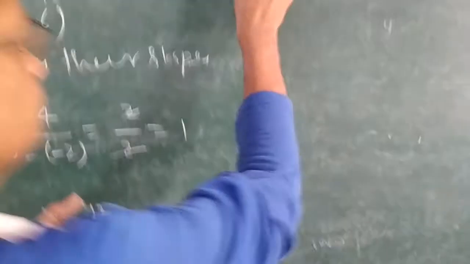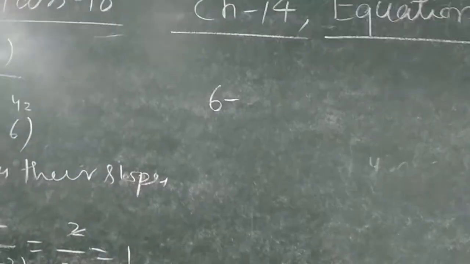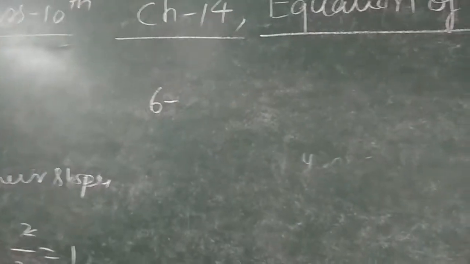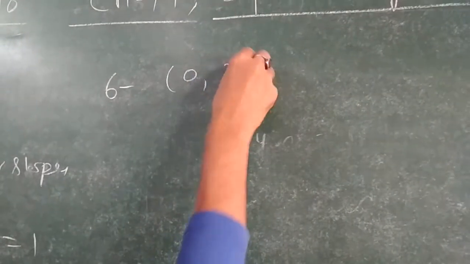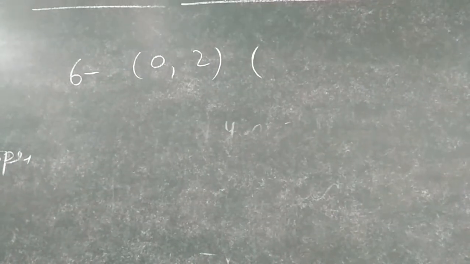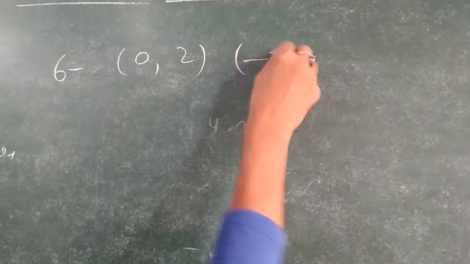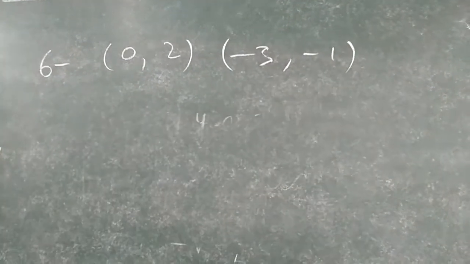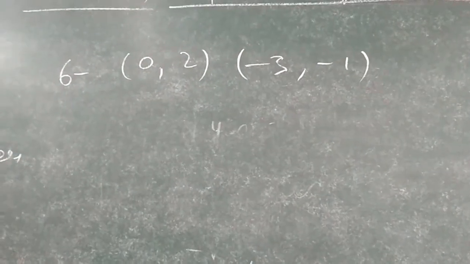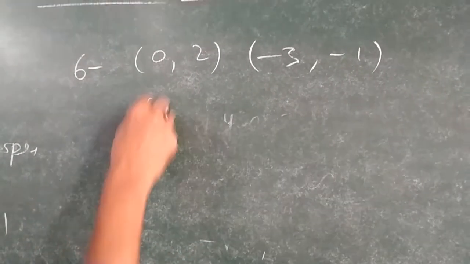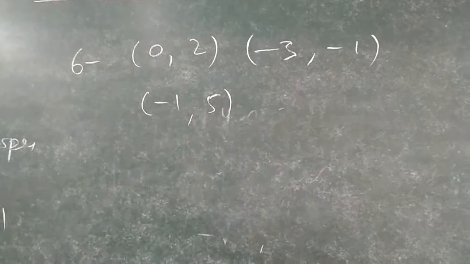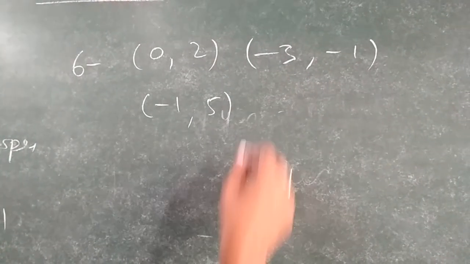Sixth question. A line passing through the given 2 points 0, 2 and the other point minus 3, minus 1. Then you are given a parallel line to the line passing through minus 1, 5 and 4, 8.